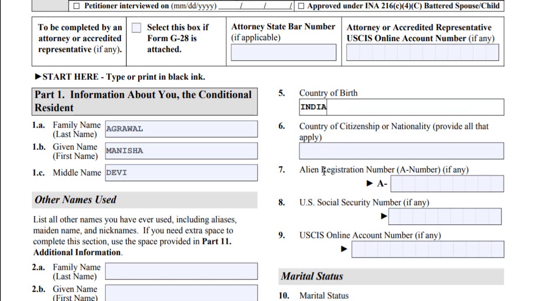Country of citizenship and nationality, provide all that apply. Alien registration number, if any. U.S. Social Security number, if any.